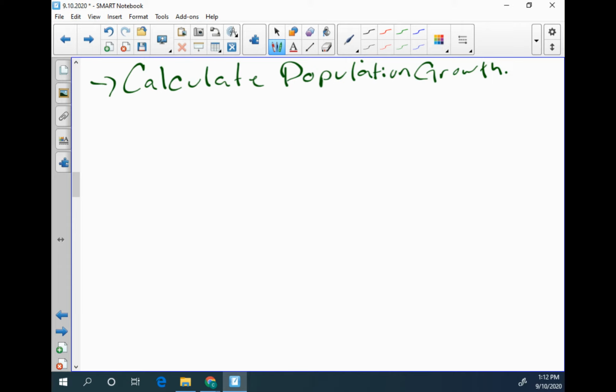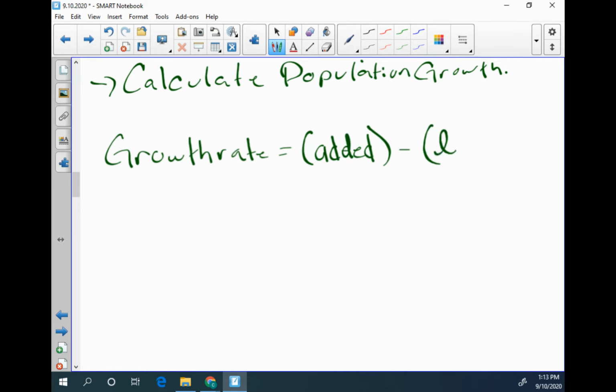Calculating population growth. Your growth rate equals the individuals added minus the individuals that leave. Makes sense, right?